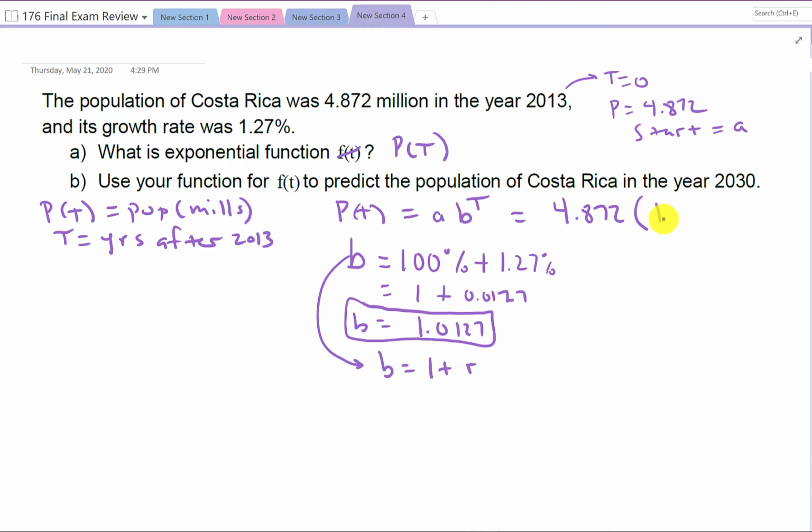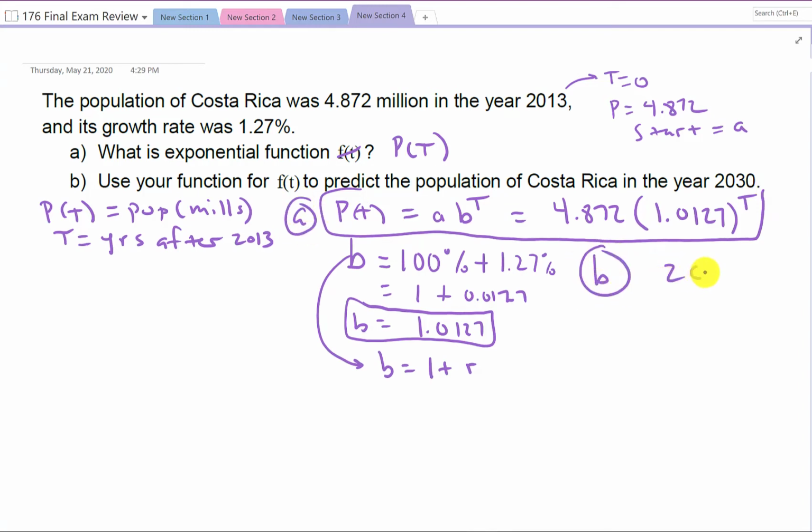So in this problem, it is 1.0127 to the t power. So we just created a mathematical model here for Costa Rica's population. That was part A. Part B, the year 2030.